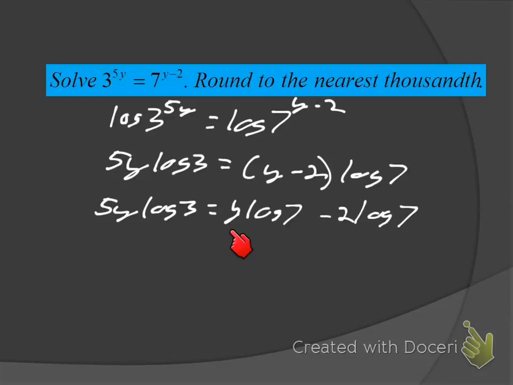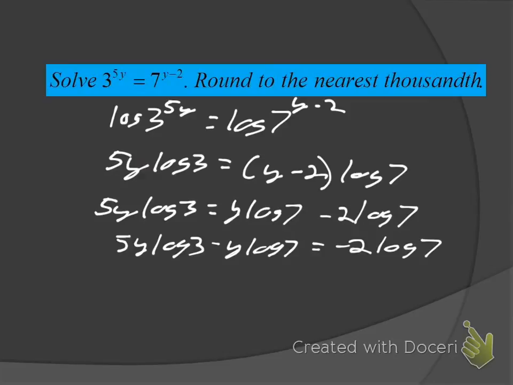So like any other normal equation, you want to get your variables to the same side. You want to get your constant numbers to the other side. So we're going to take the variable y to the other side. So 5y log 3, subtract the y log 7 over, and that's going to be equal to negative 2 log 7.